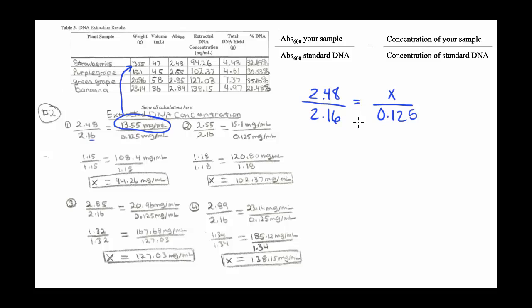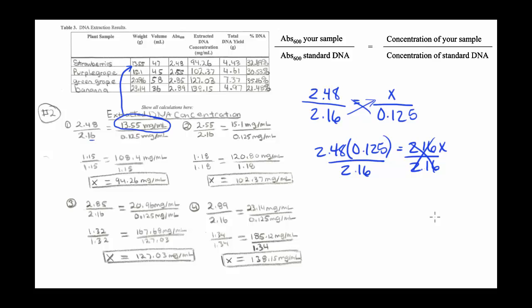So if we just follow it through the way that I have it written here, we're going to cross multiply and cross multiply. So it's basically 2.48 multiplied by 0.125, and that's going to be set equal to 2.16x, and then we'll divide both sides by 2.16 to get rid of that on the one side and isolate our x, and then we can solve for what x is going to be equal to.